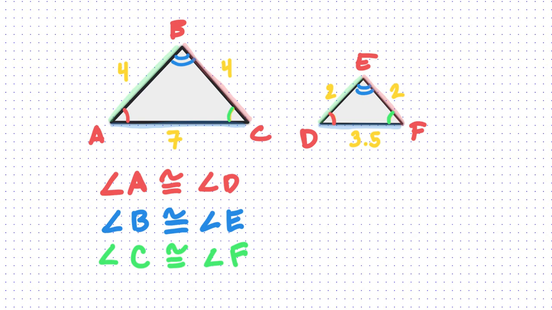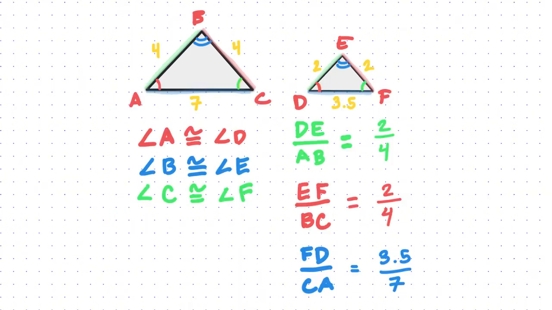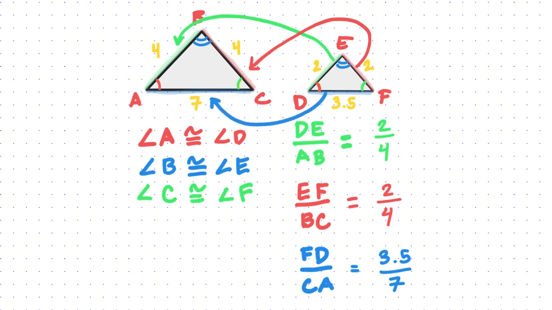Now let's take a look at the sides. The first thing I'm going to do is mark the corresponding sides with arrows. So I'm going to go ahead and take side DE and point an arrow to side AB because they are corresponding to one another. Side EF corresponds to side BC, and side FD corresponds to side CA. As such, in order to prove that they are in fact proportional, I need to construct a ratio.